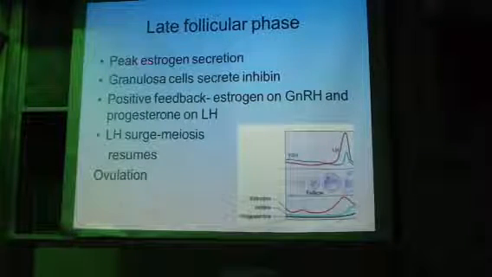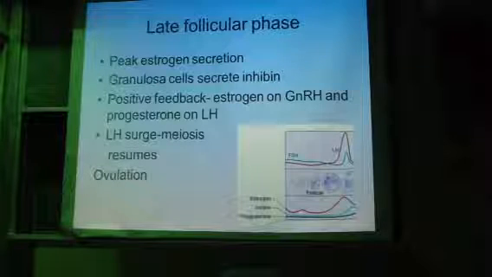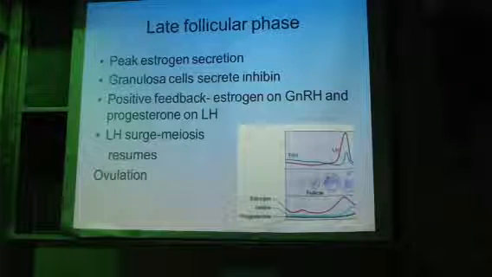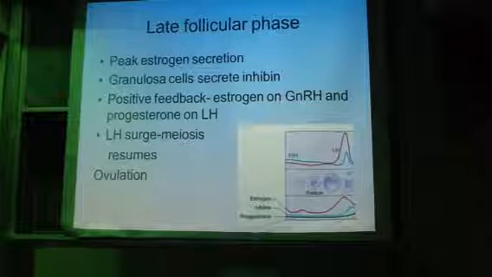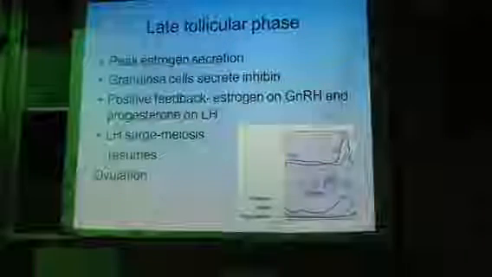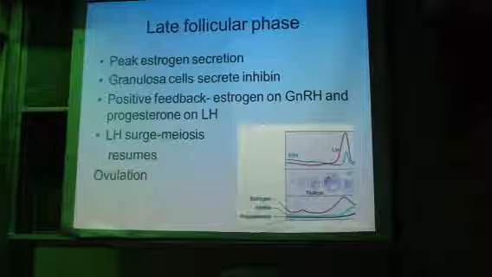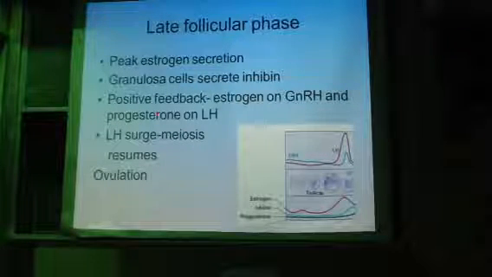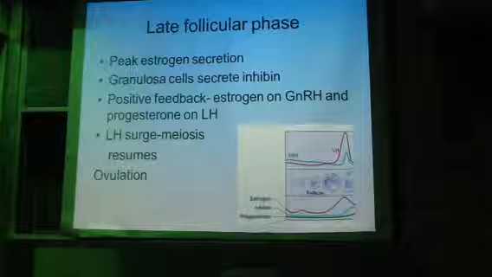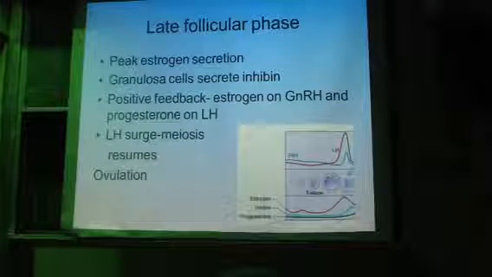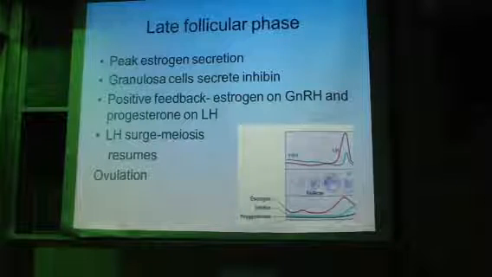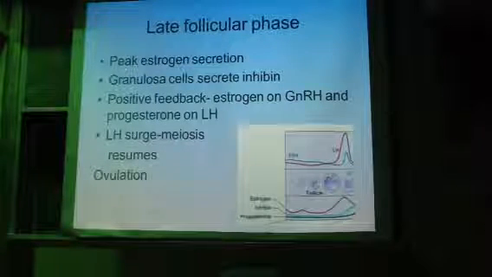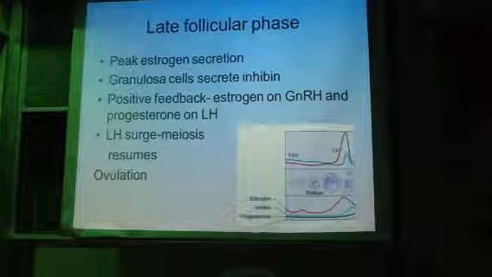And so now you get peak estrogen secretion, as you can begin to see here, and it has a positive feedback on GnRH and LH. And some progesterone here can have a positive feedback on LH as well. So you get the LH surge, and what you have is a resumption of meiosis 1. You're going to go through the first meiotic division, and you get ovulation.